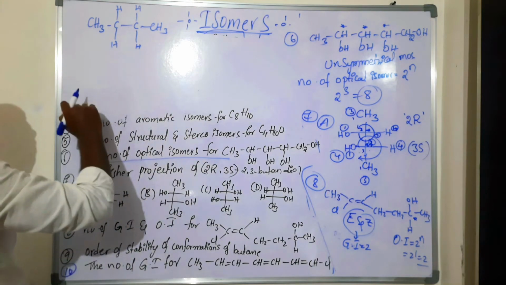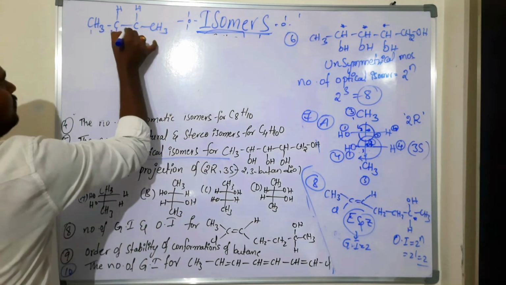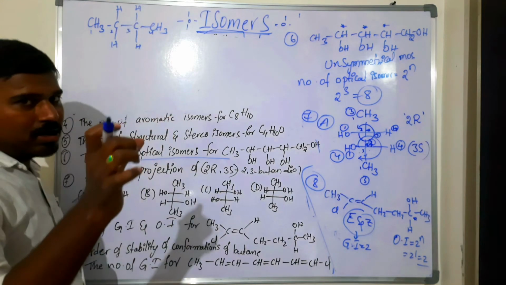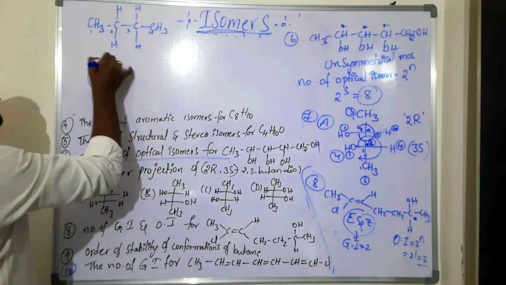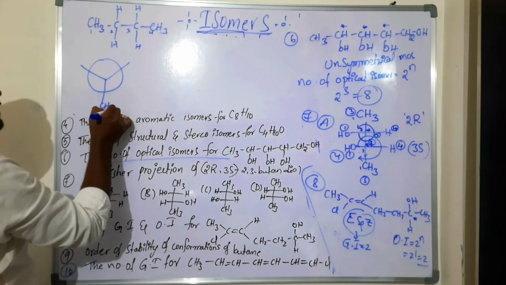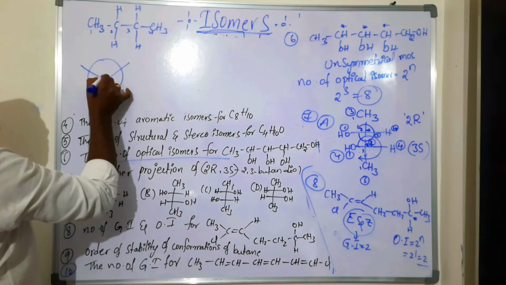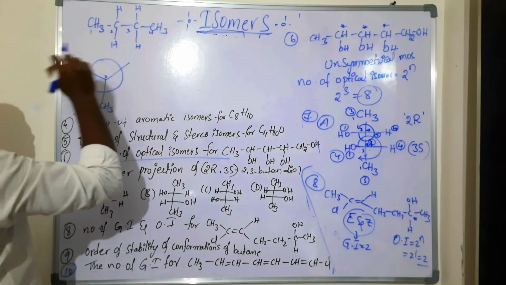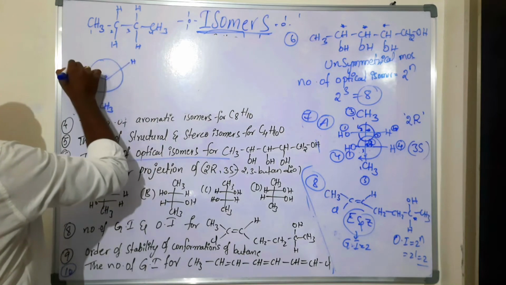In the previous video you can see it is 1, 2, 3, 4. Now the 2 and 3 carbons we take as the reference, and we rotate those 2 carbon atoms. The second carbon is the front carbon, and the third carbon is the rear carbon, taken as the circle. Now here hydrogen, here hydrogen.